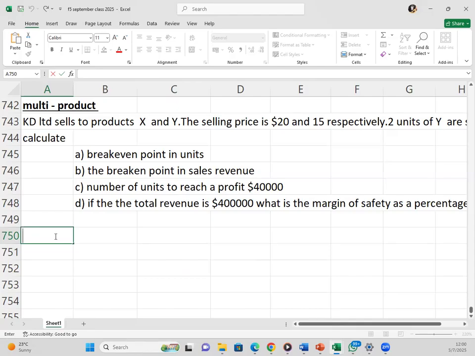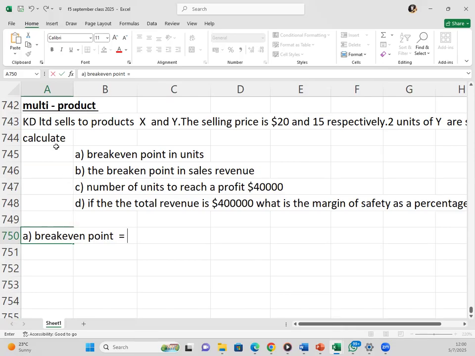Okay, so let's proceed. The break-even point in units for a multi-product environment. So the formula here, we need fixed costs, which we are given.